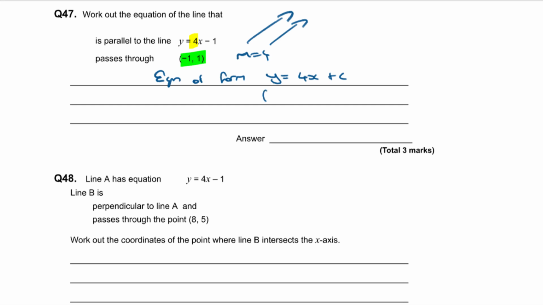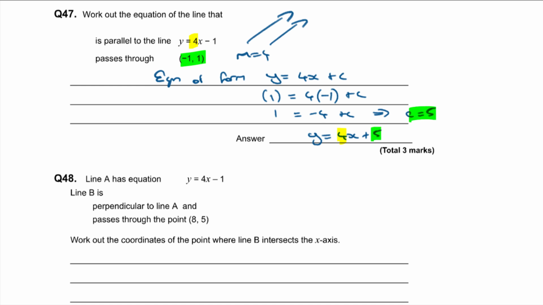We're going to get 1 is equal to 4 lots of -1 plus c. Okay, so 1 equals -4 plus c. That tells me that c is going to have to be equal to 5. And so the equation of this line is going to be y is equal to 4x, because we already had that part, plus 5, the y-intercept. So we knew that the gradient was 4, got it from up there, and we've now worked out that c is 5, we got it from there.